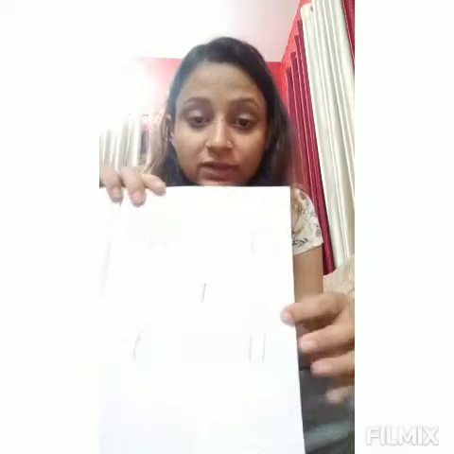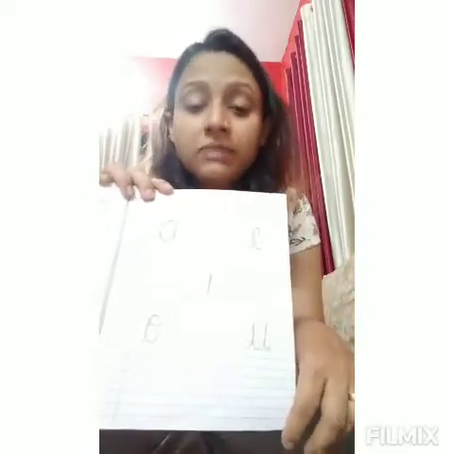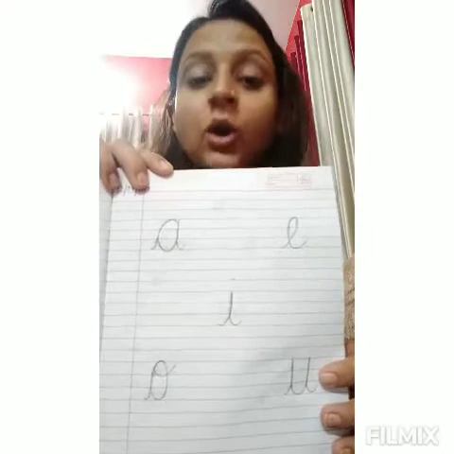Now, anyways, let's start with the sounds. Remember, children, we need to know the sounds of these 5 very, very special letters. What do we call them? Vowels. Let's say them again.